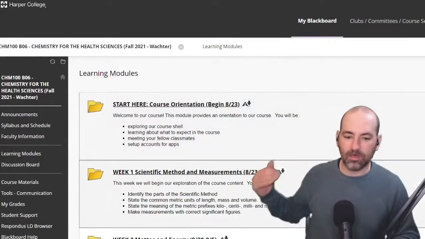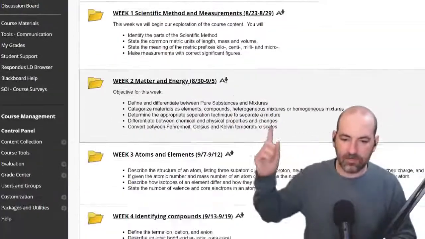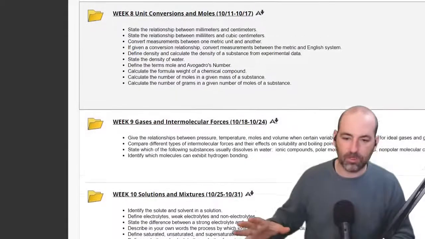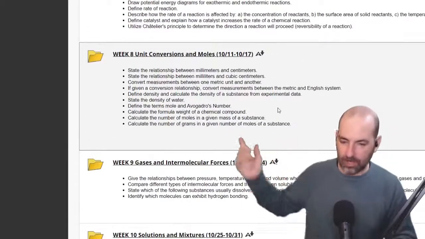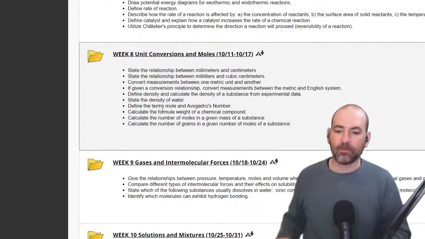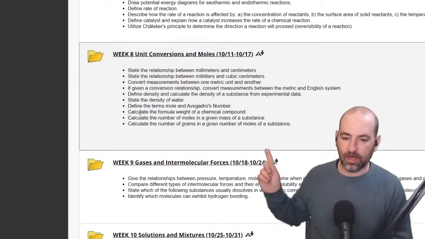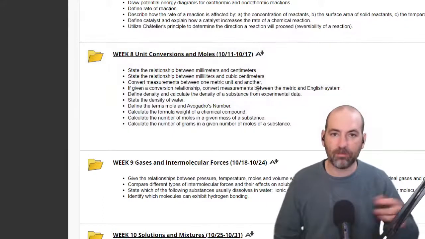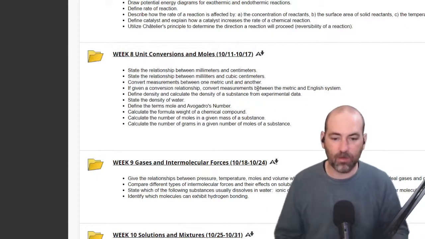Great, there it is. And so these learning objectives here are like, when we go to look at moles, we did a lot of stuff with moles, but let's focus on the things that we have to actually do with moles. So we want to be able to calculate the formula weight of a chemical compound, or the molar mass, where we add up the masses to calculate the overall weight.